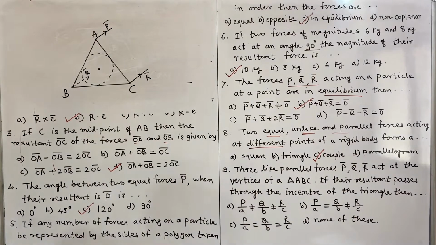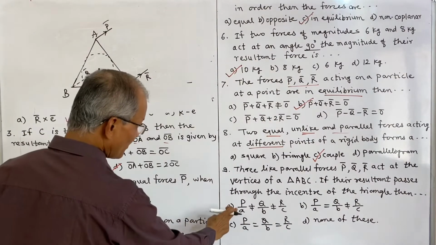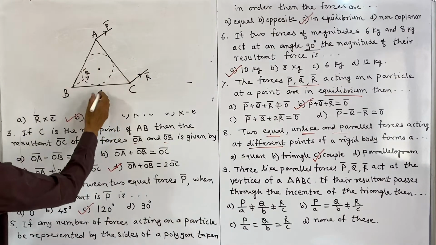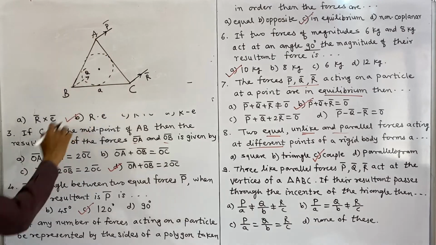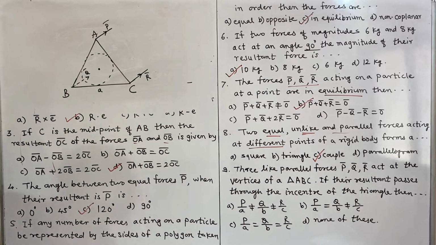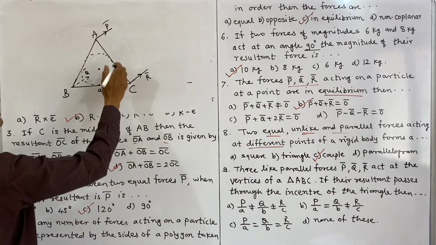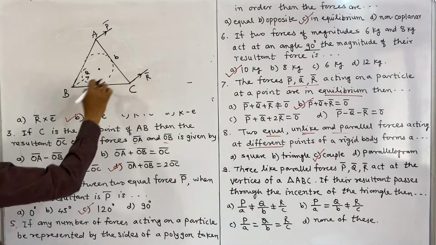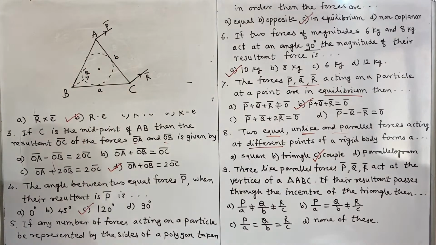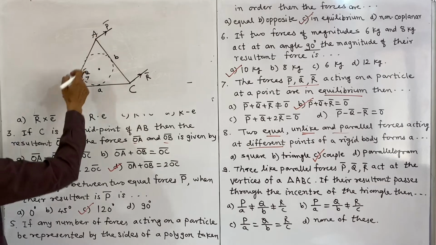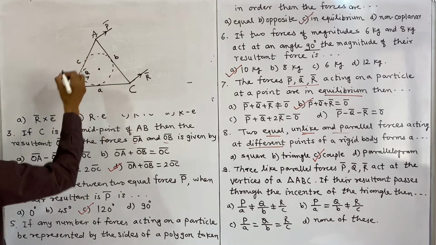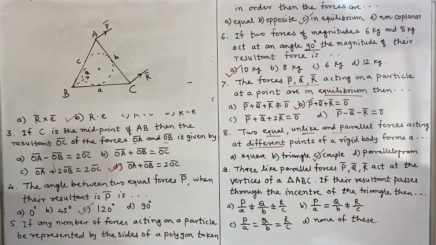Then what is the relation between these forces? What is small a? Small a is the side BC, opposite to vertex A. Small b is the side CA, opposite to vertex B. And similarly, the side AB opposite to vertex C is denoted by small c.